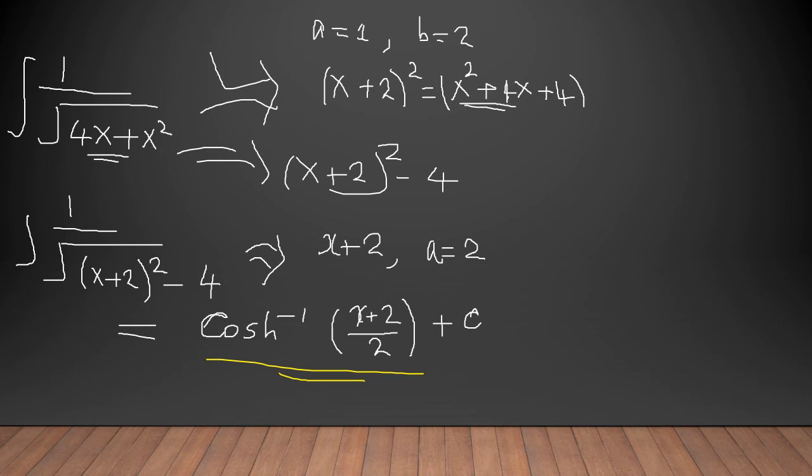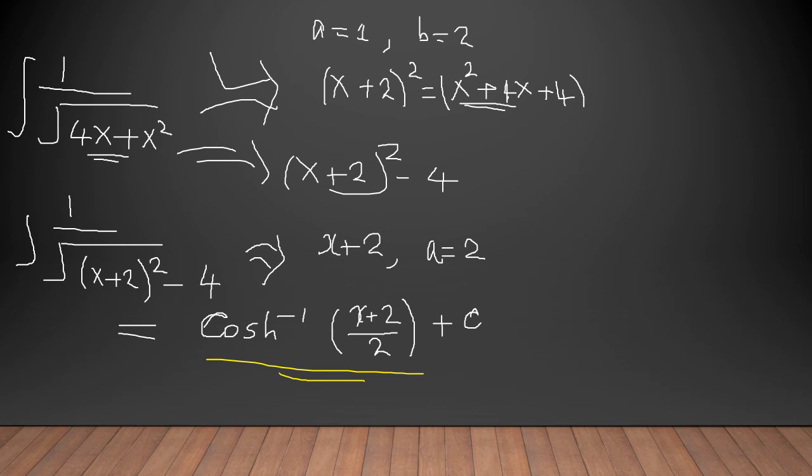Now this is the next form that we are doing for cosh. So generally this kind, now you can write this one as 1 over square root of x plus 2 squared, take away 1.